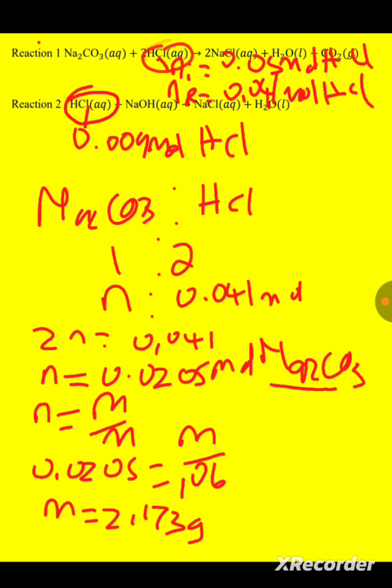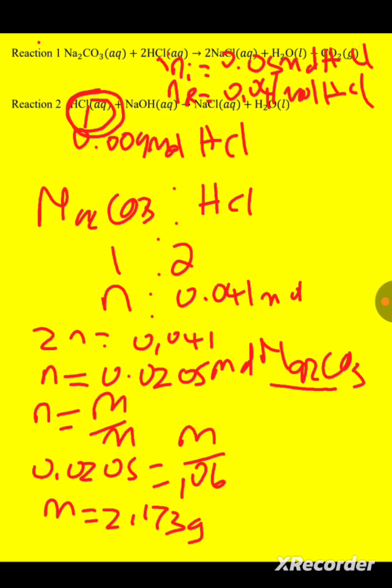The aim, get the number of moles for the substance that is repeating, which is HCl in this case. Get the number of moles of HCl in reaction 2. Now, those two number of moles, when you get percentage purity, you must subtract them. You subtract the two number of moles, then you'll get the reacted number of moles.